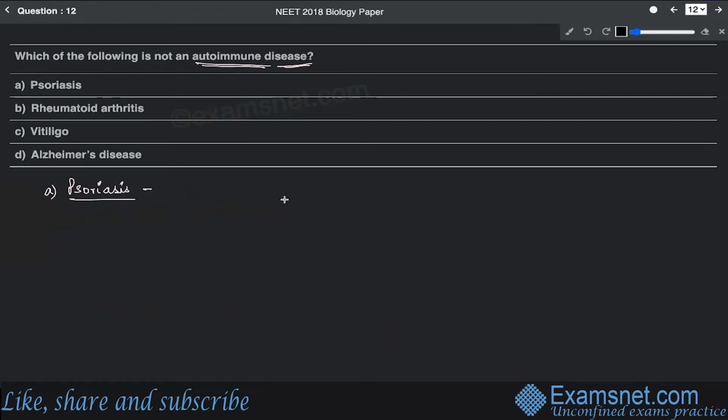Now, psoriasis is basically a category of skin disease that causes itchiness, or sore patches, or you can say it results in redness in the skin, and it is considered to be an autoimmune disorder. So this is a skin disease basically.